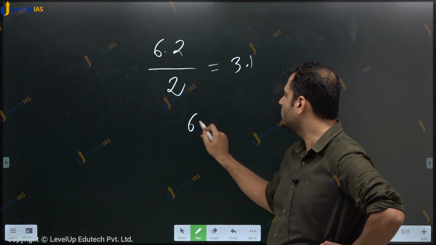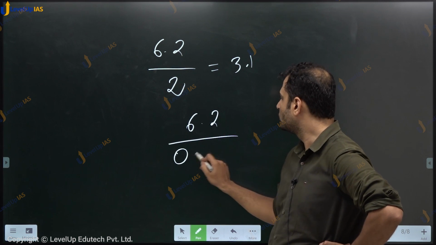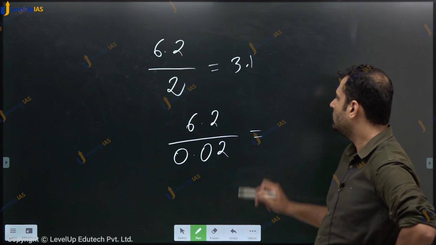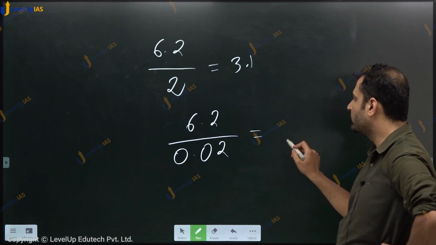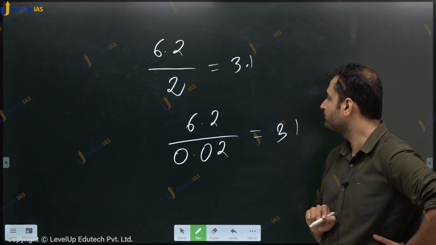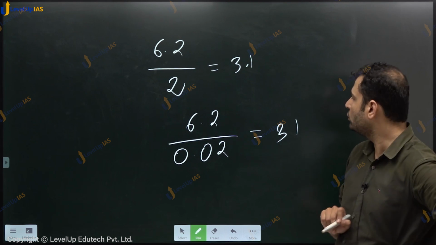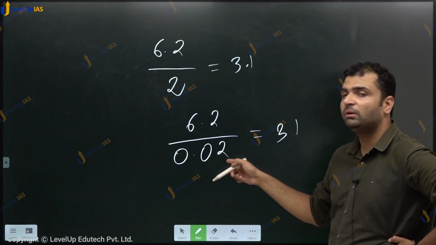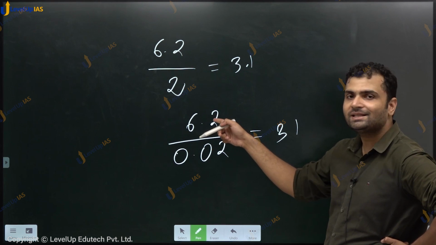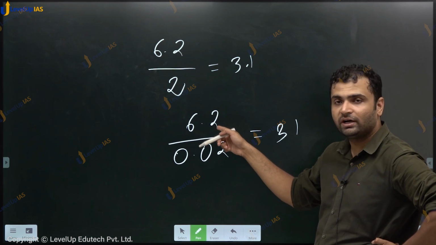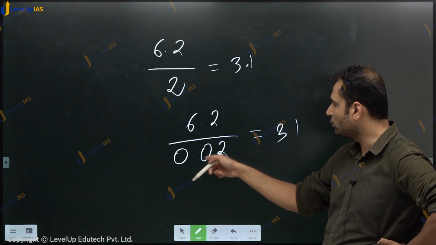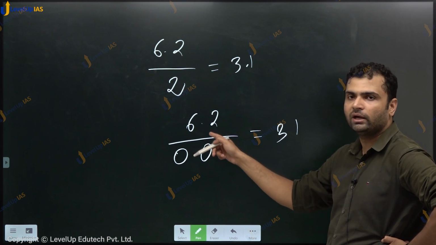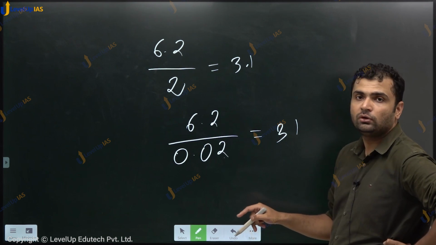But what if it is something like this, 0.02? If you have something like this, firstly you forget the decimal sign, you will get 31. And now what you do is take the number of digits after the decimal point here minus the number of digits after the decimal point here. मतलब यहाँ पे 2 है, 0 और 2 decimal के बाद, यहाँ पे 1 है. So 2 minus 1 is 1.